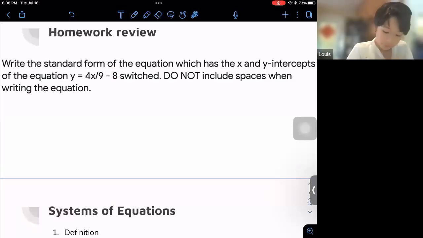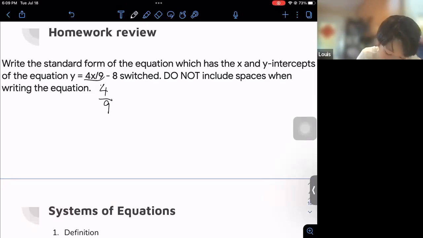So we have that the slope of the original line is 4/9 because this is in point slope form and this is the slope. And so since we swapped the x and y intercepts, the slope would be the reciprocal of the previous slope.